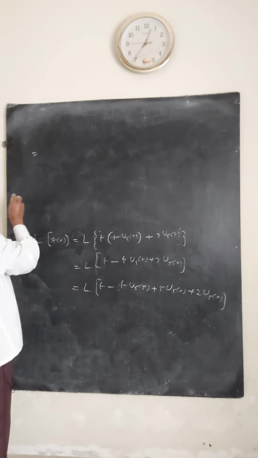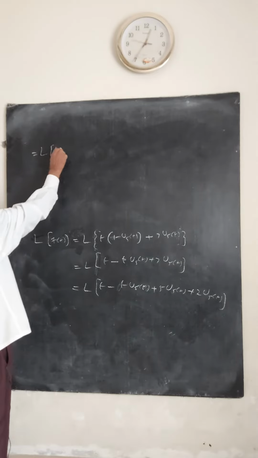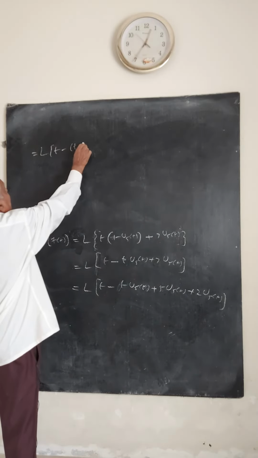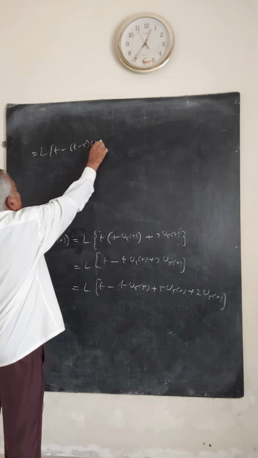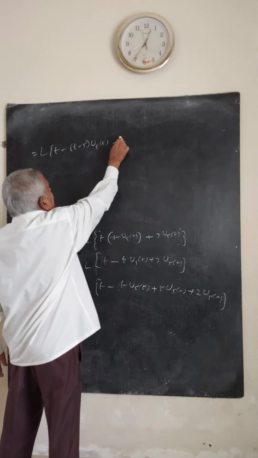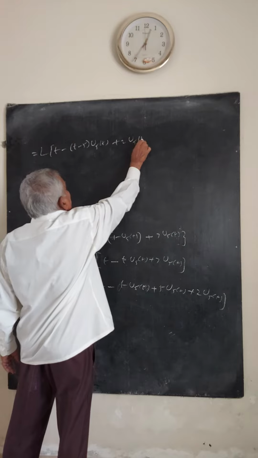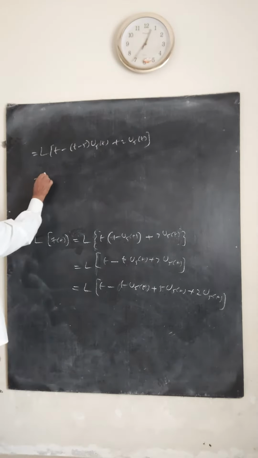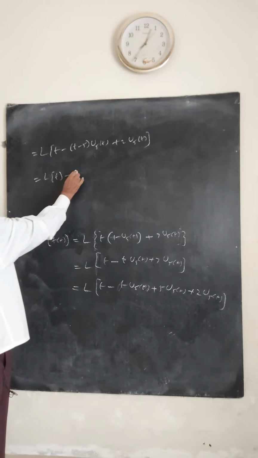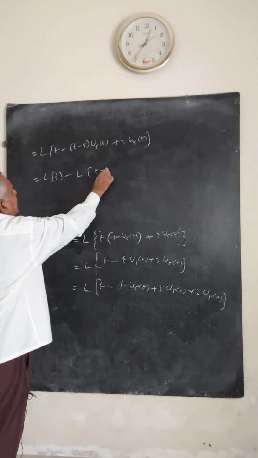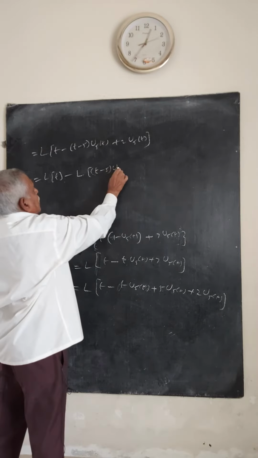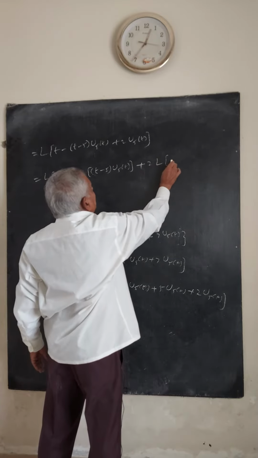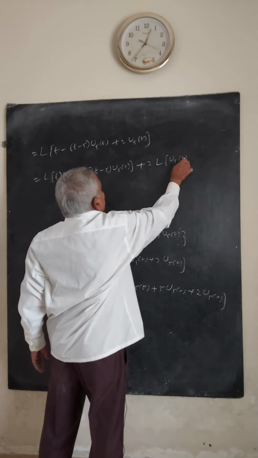Again, L of t minus, taking the bracket for these two, t minus 5 of u of 5 t, plus 2 of u of 5 t. Taking L inside this: L of t minus L of t minus 5 u of 5 t plus 2 L of u of 5 t.